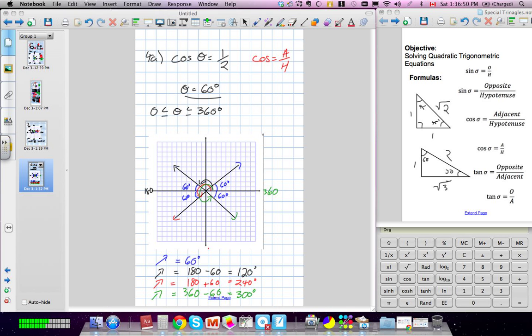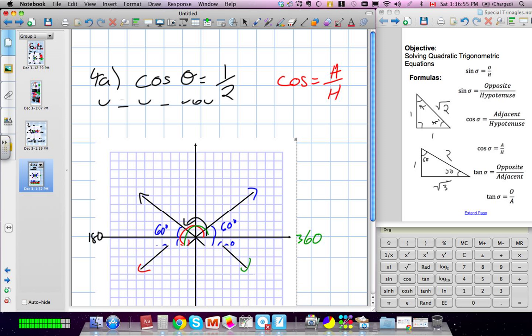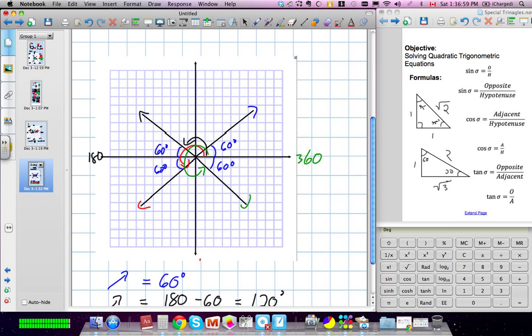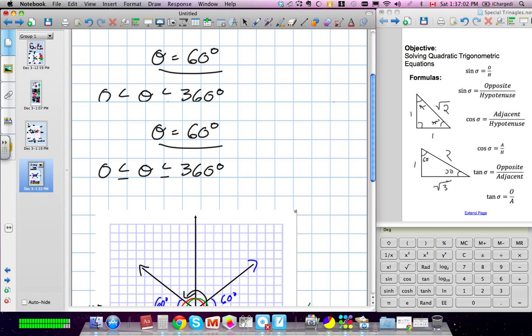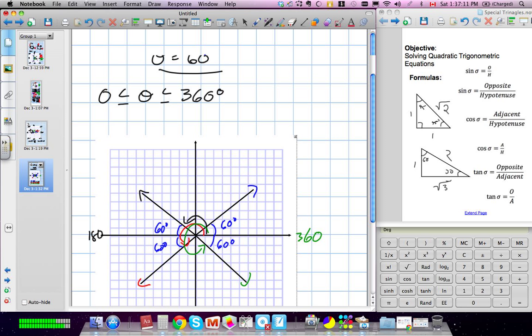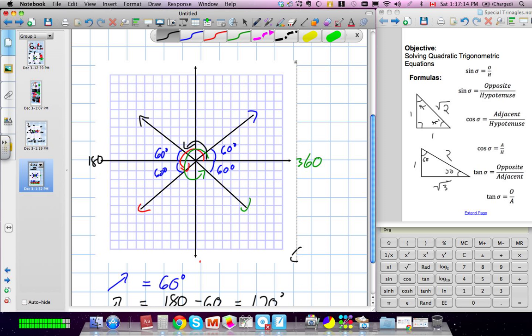Now, the one other thing I did not talk about, clearly should have, is, we had found all the options for 60, right? Well, we're going to have to actually specify which ones make sense in our answer, because we're dealing with cosine being positive, okay? So according to our CAST system, the quadrants that cosine is positive in are the 4th quadrant and the 1st quadrant, okay?